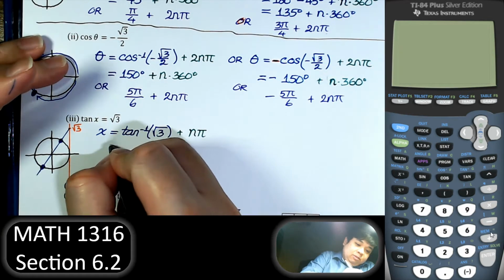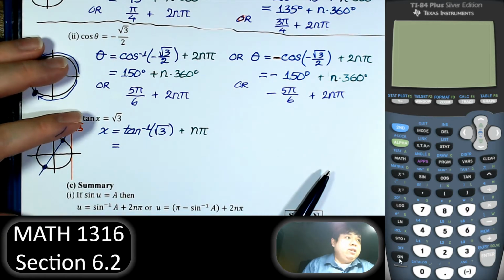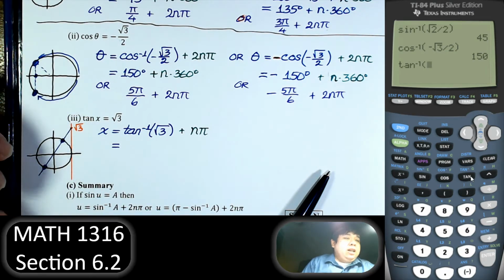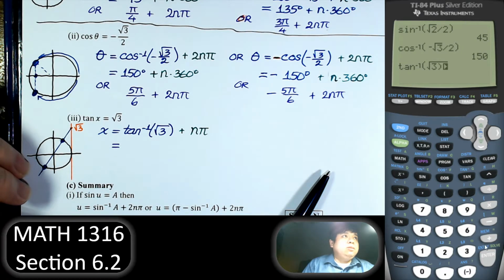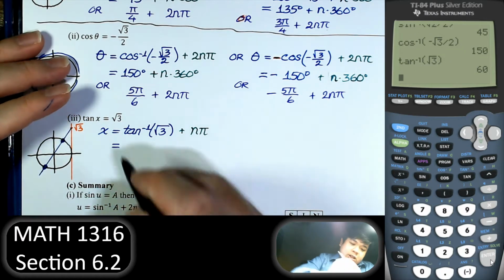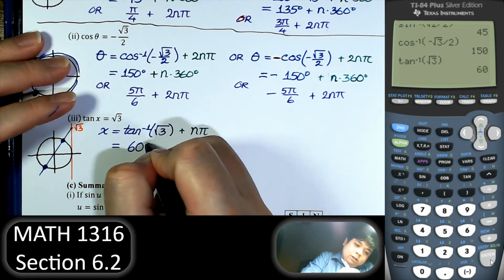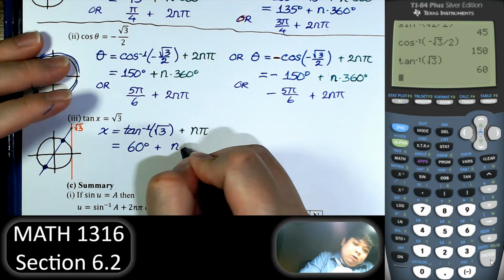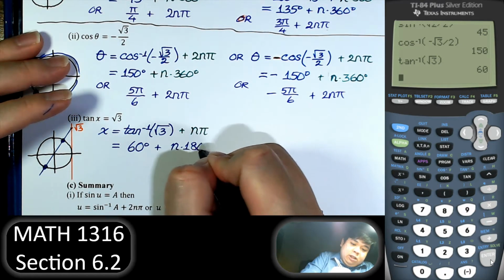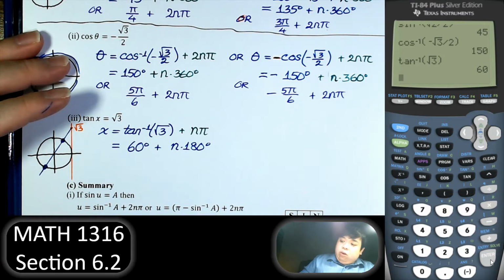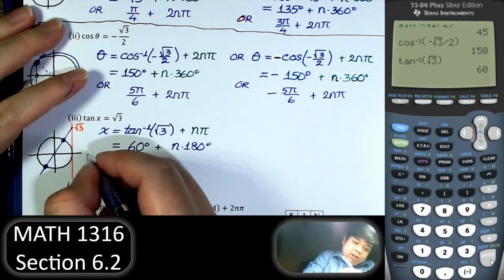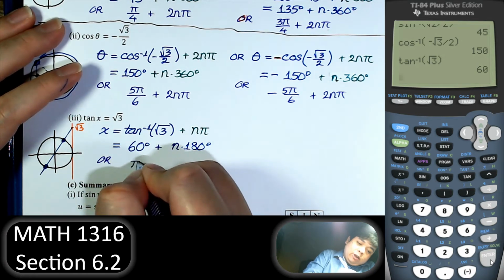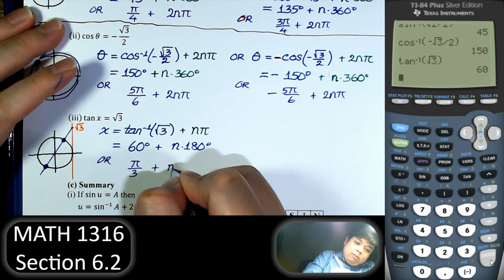And in tangent, actually, that's all we have. Tangent inverse of square root of 3, that's 60 degrees, plus n pi. Because if it is in degrees, pi is equivalent to 180 degrees. Or if we want to write this in radian, 60 degrees is pi over 3 plus n pi.